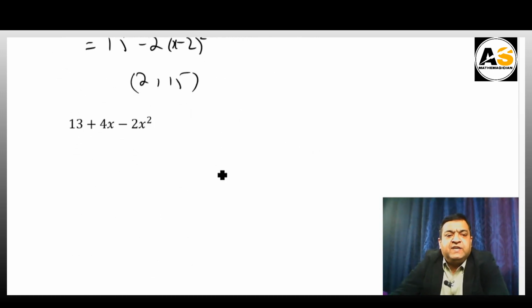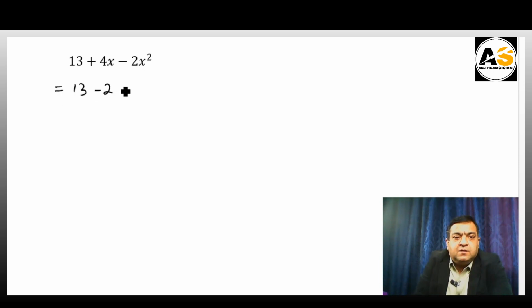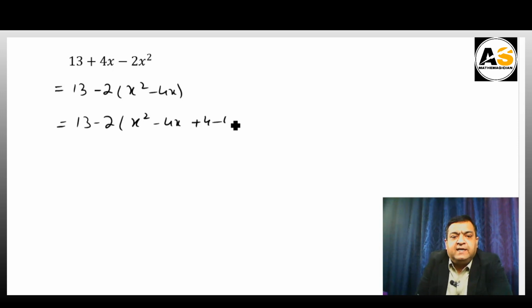Second example of same case, it is minus 2. I will take this is equal to 13 minus 2 times x square minus 4x. Half of coefficient of x is now minus 2. Square of minus 2 will be added and subtracted.